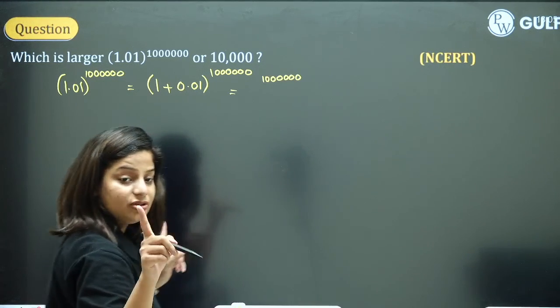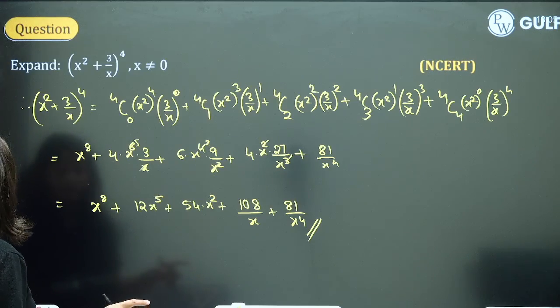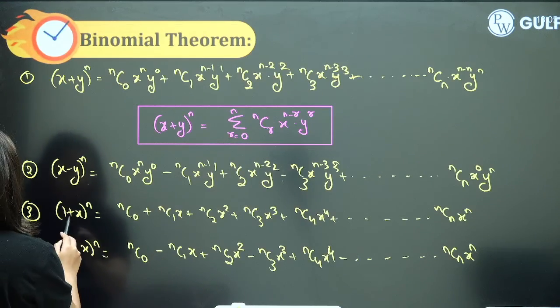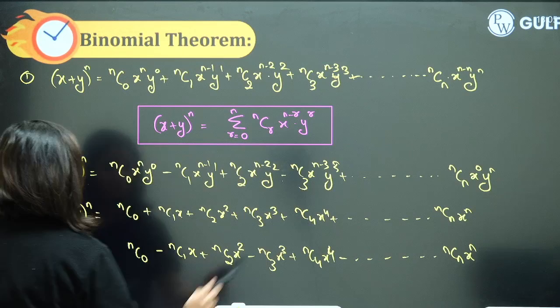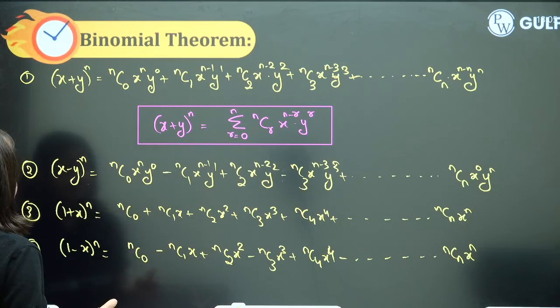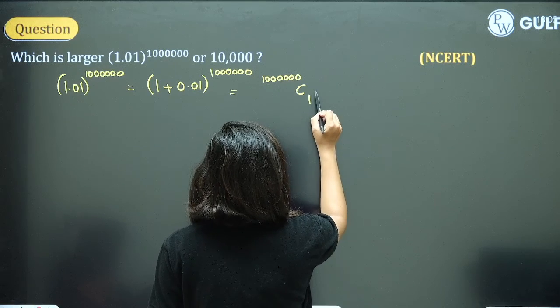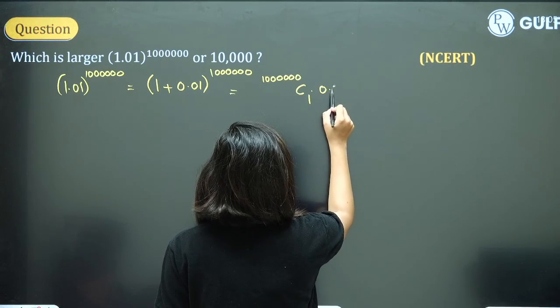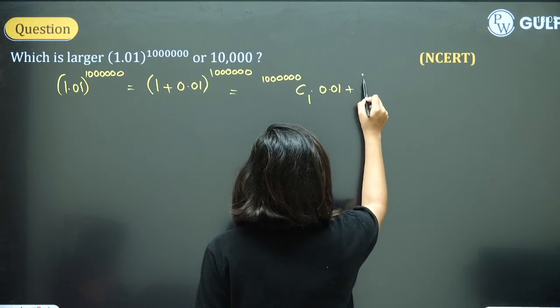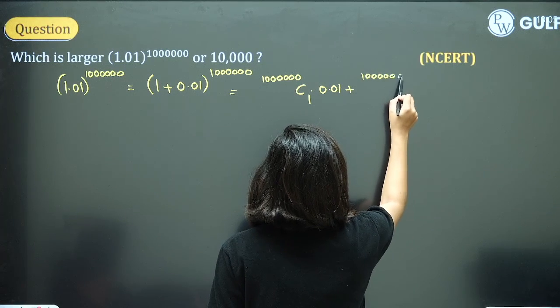Which expansion will we use? The third formula, 1 plus x raised to n: NC0, NC1 x, NC2 x square, like that. So NC1 into 0.01 plus NC2.